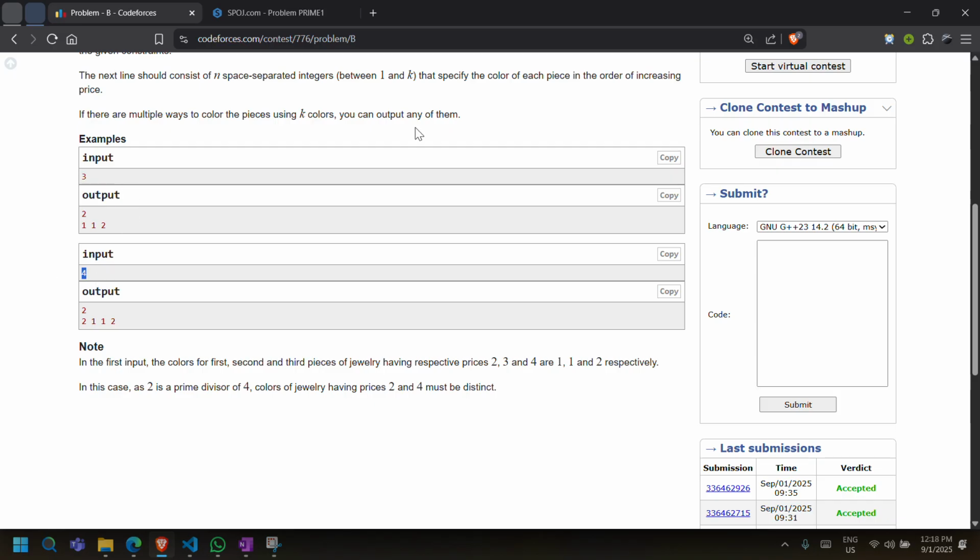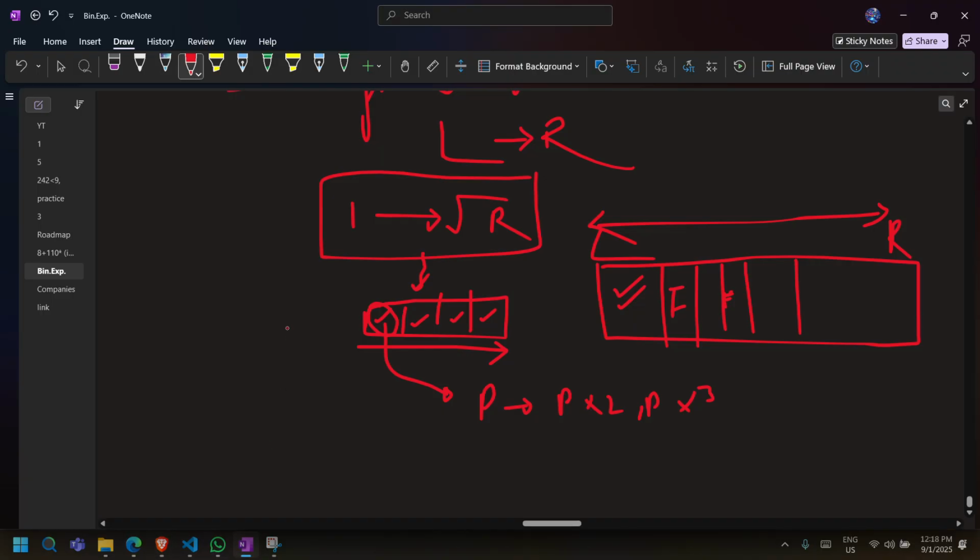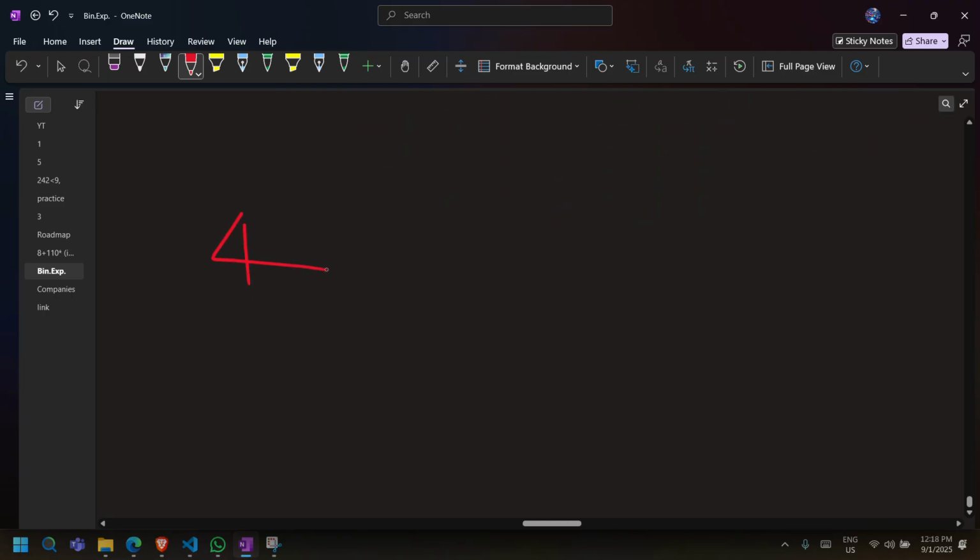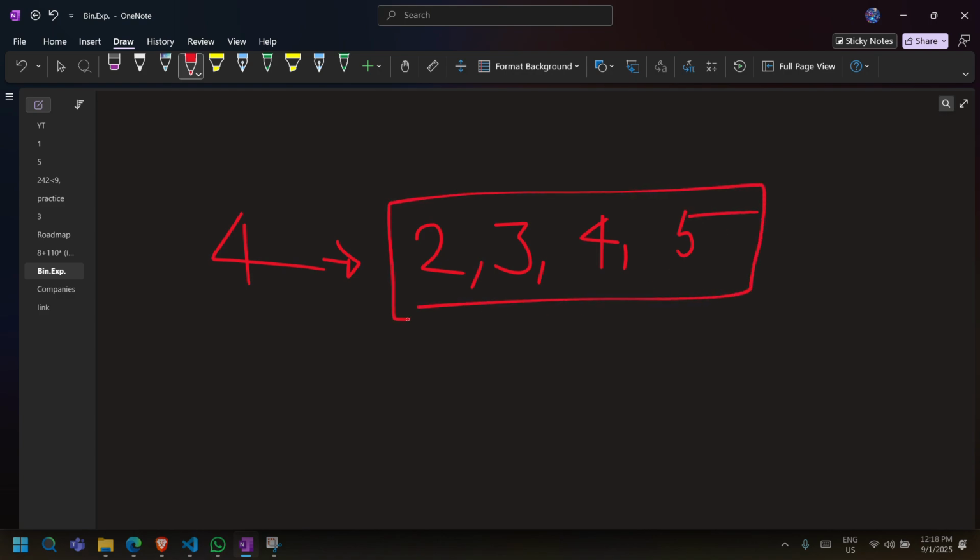So let's take n equals 4. What are the prices of the jewelry? 2, 3, 4, and 5. Now in this you have to color. You can't give 2 and 4 the same color because 2 is a prime divisor of 4.